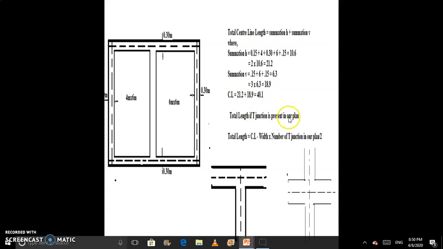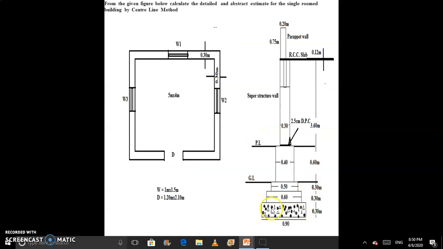For that we have one formula. Total length is equal to center line minus width into number of T-junctions in our plan divided by 2, or width by 2 into number of T-junctions in our plan. So here the number of T-junctions is 1 and 2. So here the number of T-junctions is 2, and the width we have to take from our elevation part.